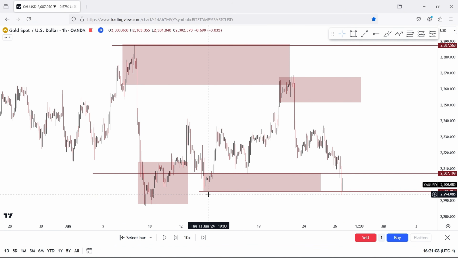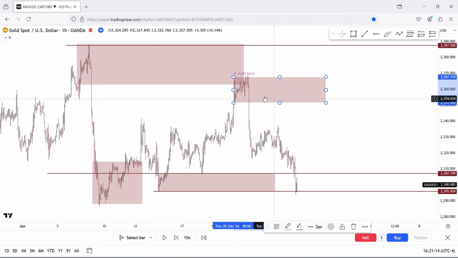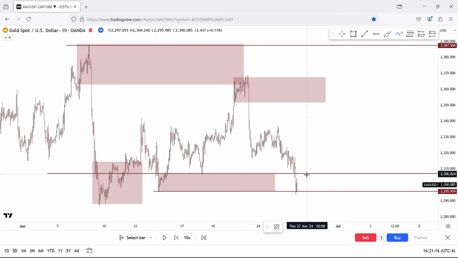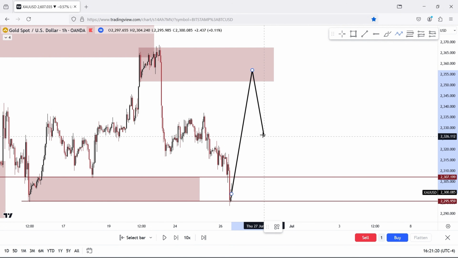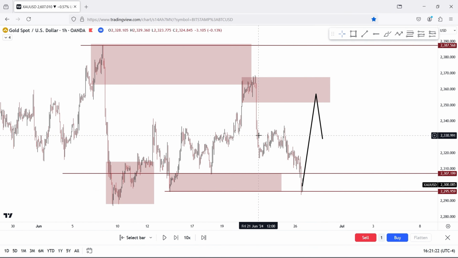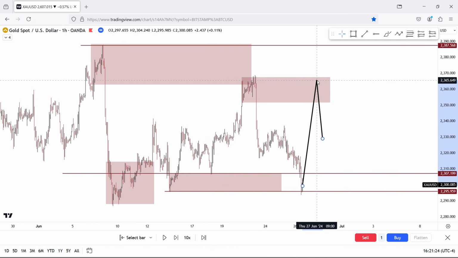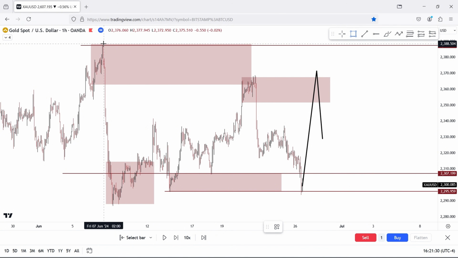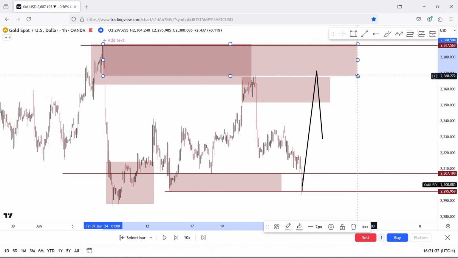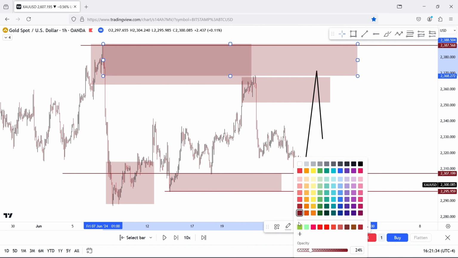So now that price took out this level, this is the nearest high, and now this is your extreme. So either price goes up to this level and rejects, or price goes up to this level and breaks above. And once price breaks above, you have your clean traffic right here. The entire area would now be your clean traffic.